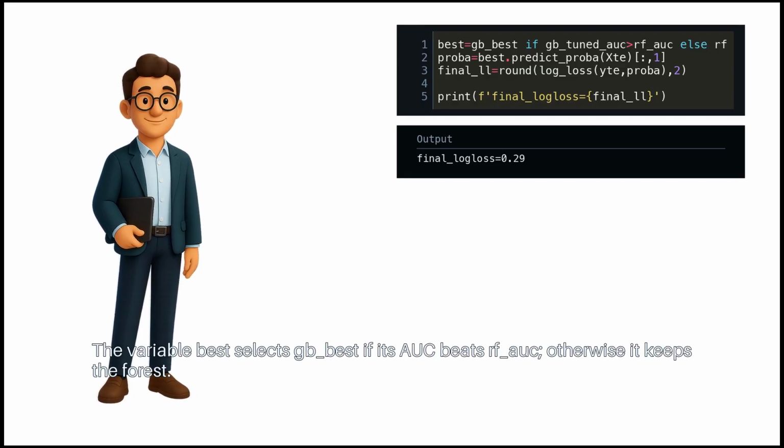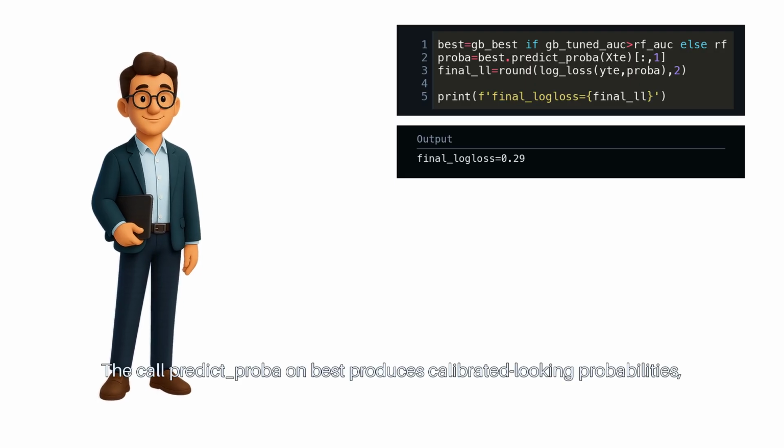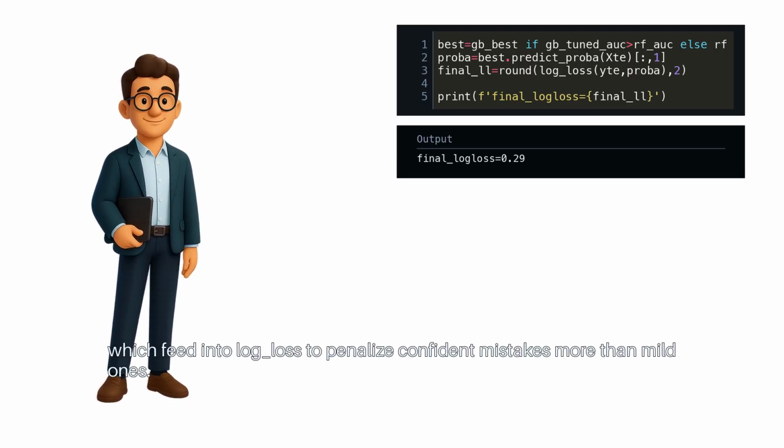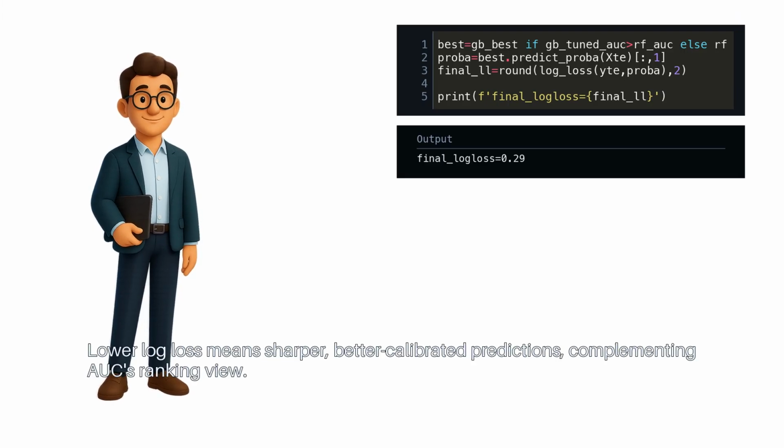Otherwise, it keeps the forest. The call predict_proba on best produces calibrated looking probabilities, which feed into log loss to penalize confident mistakes more than mild ones. Lower log loss means sharper, better calibrated predictions, complementing AUC's ranking view.